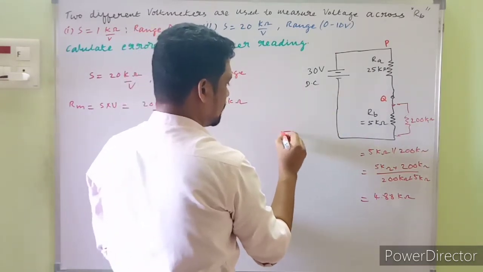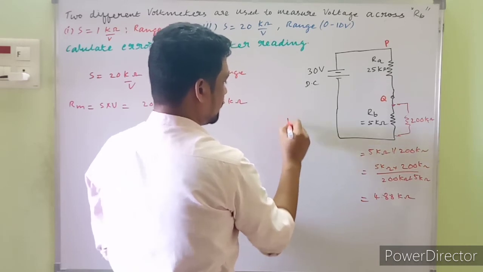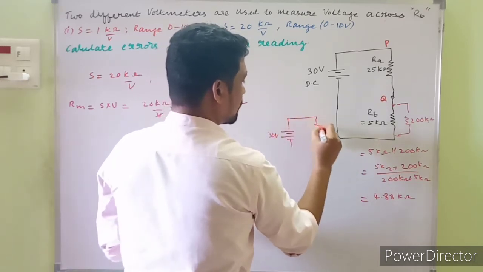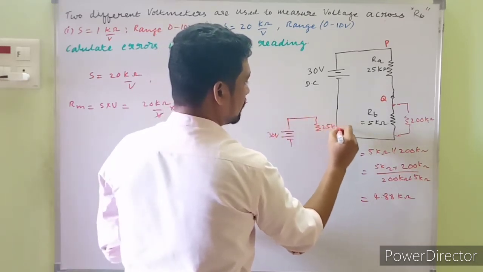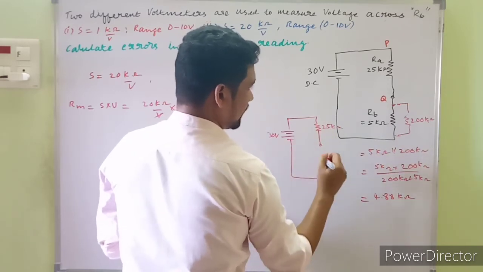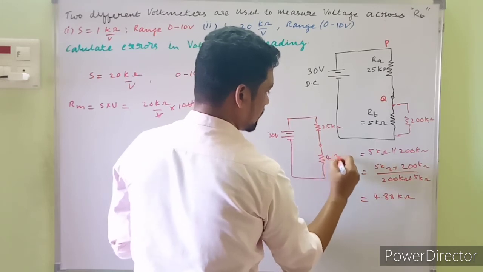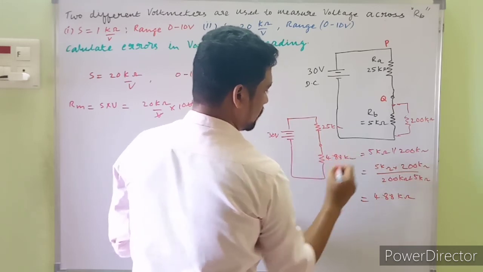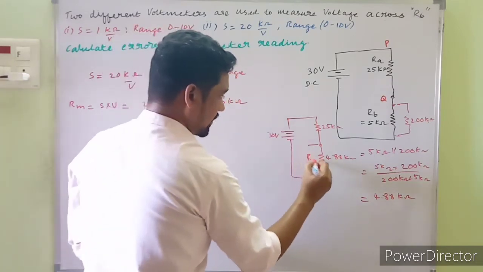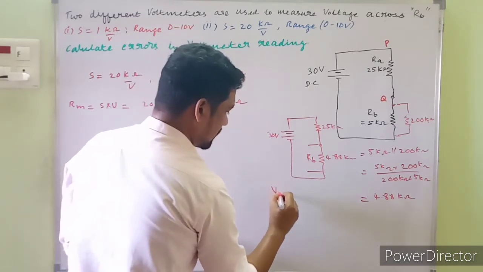Here there's no change in the 30 volt supply, it's as it is. Even the 25 kilo ohm resistance has no change, but the equivalent resistance drops to 4.88 kilo ohm. Now what would be the reading across RB? Now the new RB is this much, so what would be the new VRB?